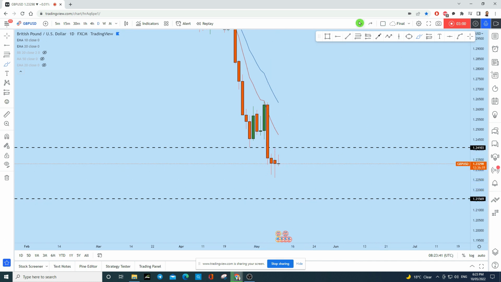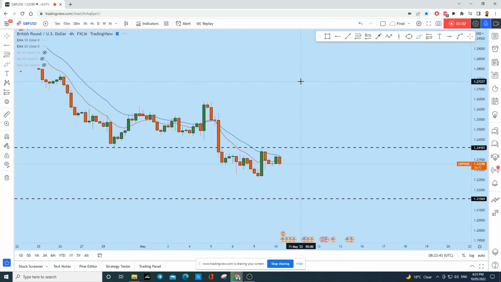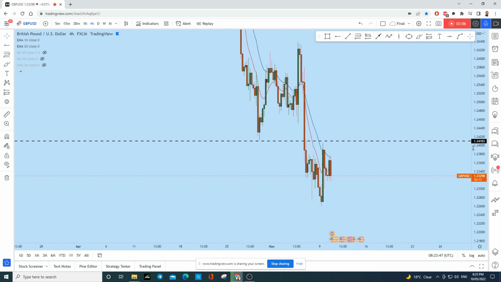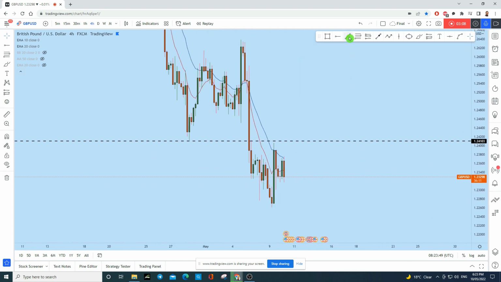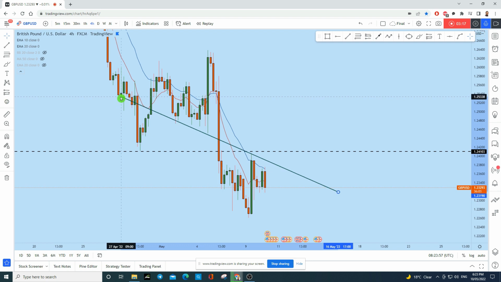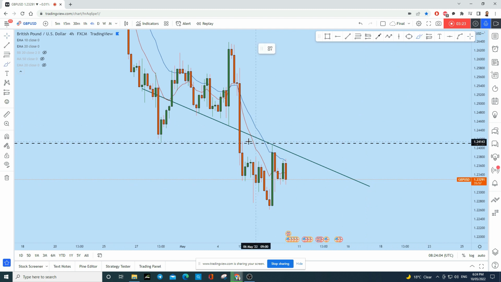Now let's see on the intraday, the 4-hour time frame, how the trading opportunity is arising. If you draw the trend line on the 4-hour time frame, this is what we see, the area of value for GBP USD. If we extend this trend line on the 4-hour time frame, we see that GBP USD is moving perfectly according to the market structure.